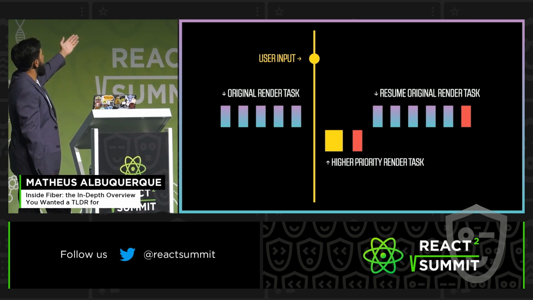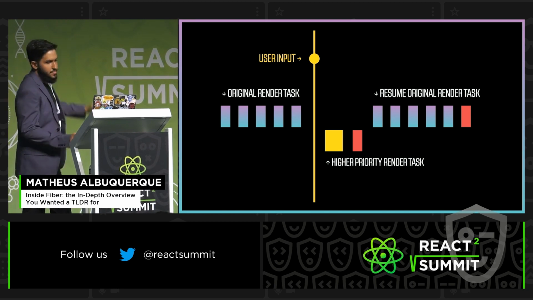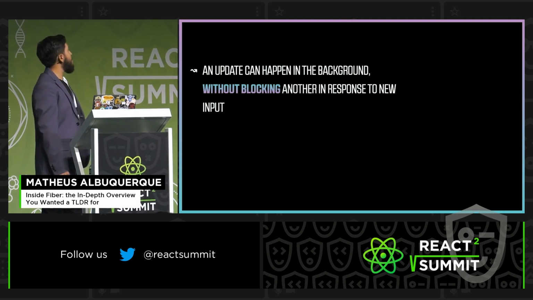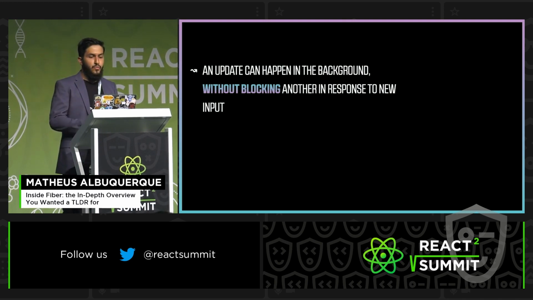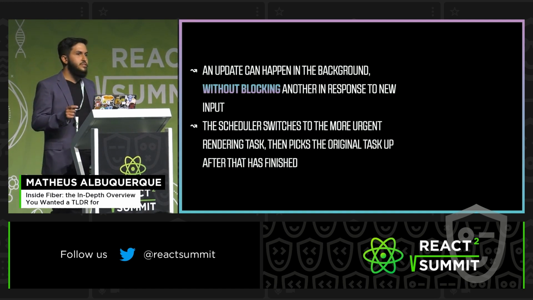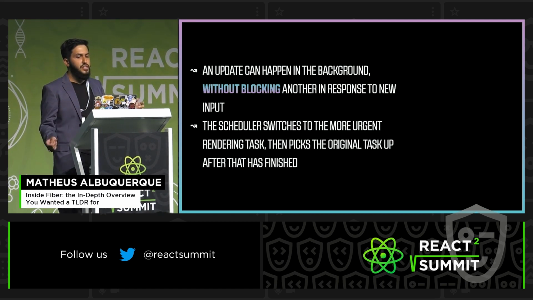And then you handle the high priority task, but then you can resume the original one. And the cool thing is that any update can happen in the background, so it wouldn't block the response to the new input. And the scheduler is smart enough to switch to the more urgent one, then after it finishes, resume the other one you had.